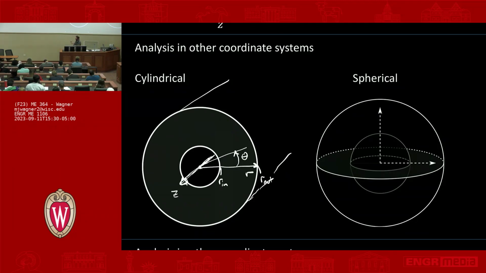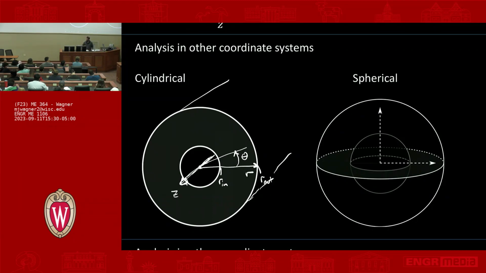So for cylindrical, you could have heat flow in r, in theta, or in z. For a lot of the problems we're going to look at, it's just r. But in this case, it's not clear what the cross-sectional area is for conduction, especially in r. As you go out in radius, that area is changing. So just by having a different coordinate system, you have this area factor.